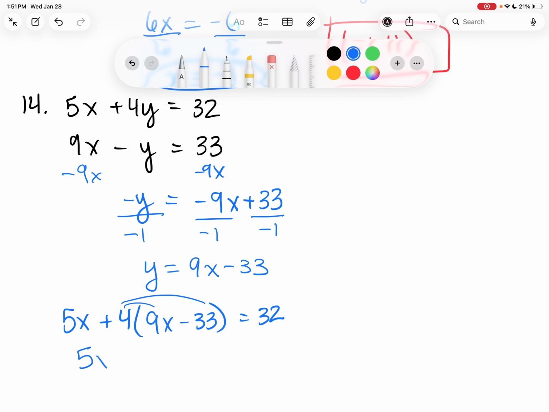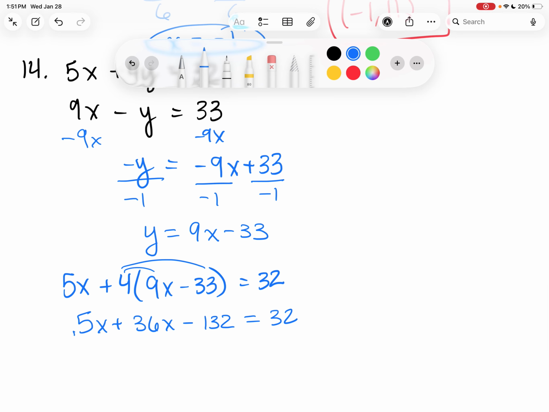So I've got 5x plus, distributing, 36x minus 132 equals 32. So again, I'm going to combine these like terms and add the 132 over all in the same step just to save a step of writing. So I've got 41x equals 164.